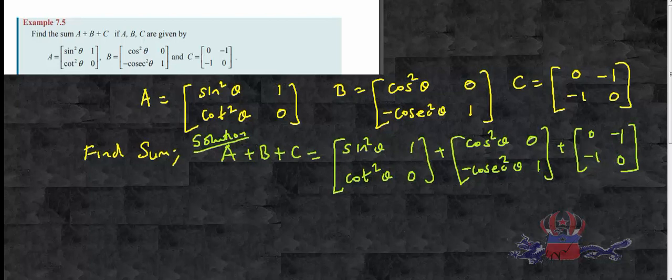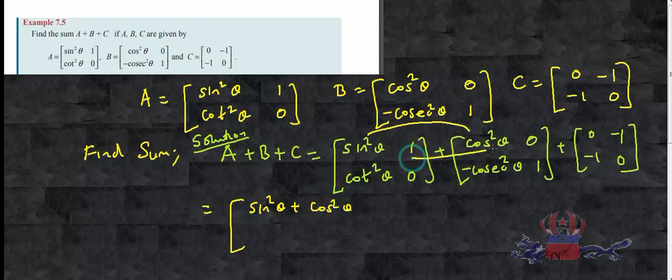Foremost, I would be adding the elements of A with the elements of B. That would mean sin²θ is added with cos²θ first, along with 1 being added to 0, so that would be 1 + 0.